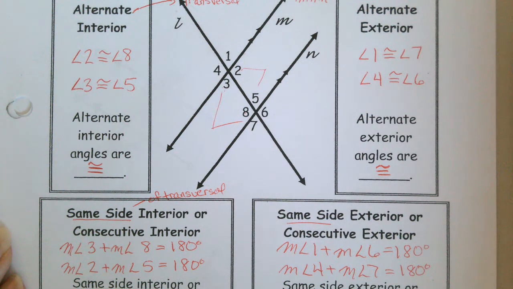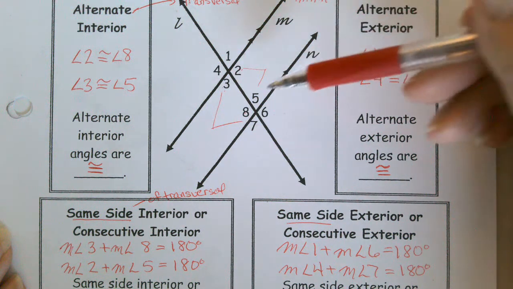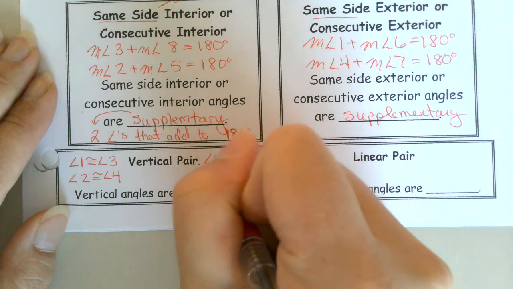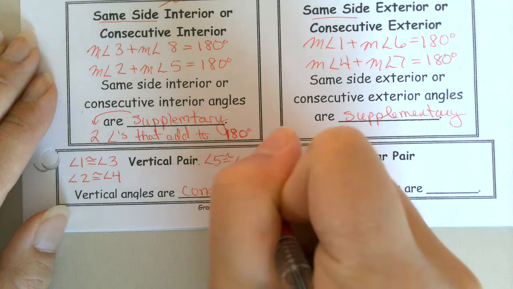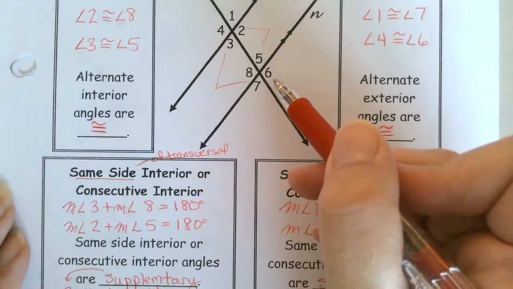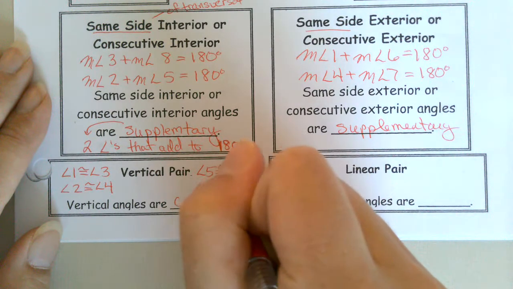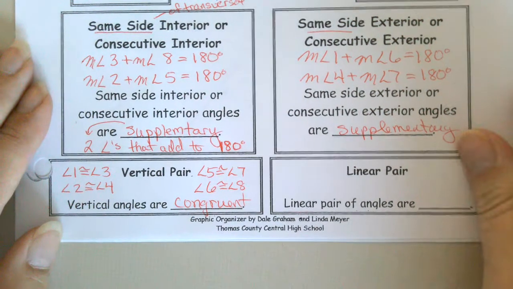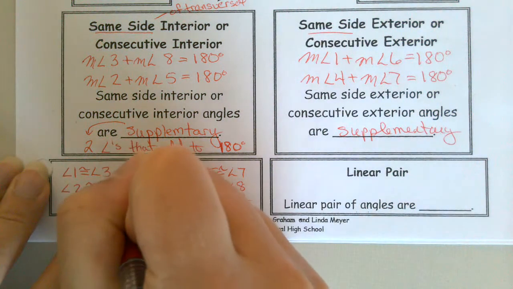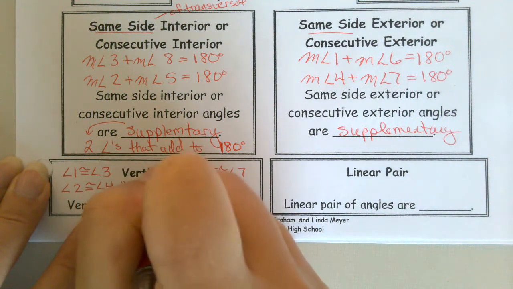It will be the opposite or vertical of angle 5, angle 7. All right, so angle 5 is congruent to angle 7. And there was one more, angle 6 and 8. Okay, so you have 4 sets of vertical pairs. So I'm also going to put the term here that you might see, opposite angles.